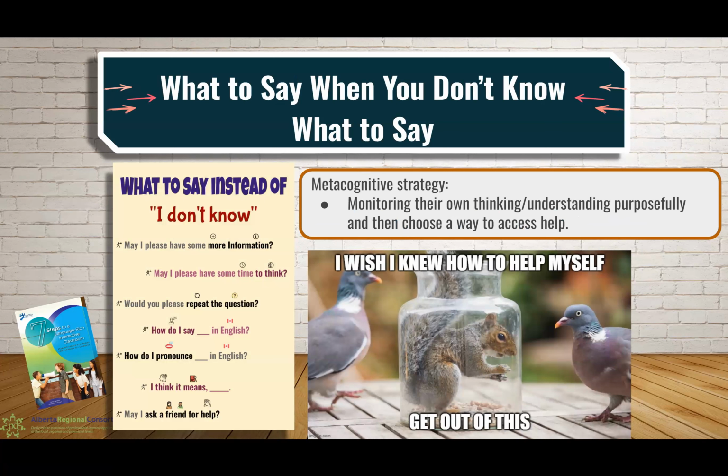Sometimes with our English as an additional language students, they don't have that language yet to ask for help, right? So they eventually just go, I don't know, I don't know. Even some of our English speaking students, especially in junior high school, sometimes may just go, hmm. So maybe you don't know, but maybe you don't have the language to ask for that help.